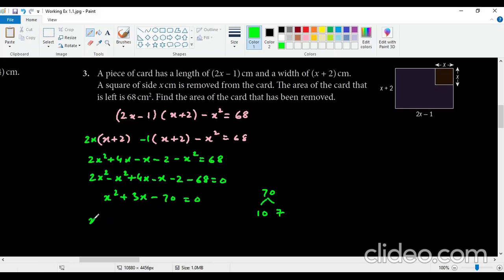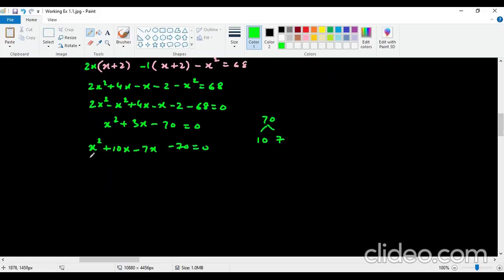So I will rewrite this x square minus 70 like this, and splitting the second part: plus 10x minus 7x. So x is common, x plus 10 in one bracket, and x plus 10 in another bracket, and minus 7 in the middle. So x minus 7 and x plus 10 equals 0.